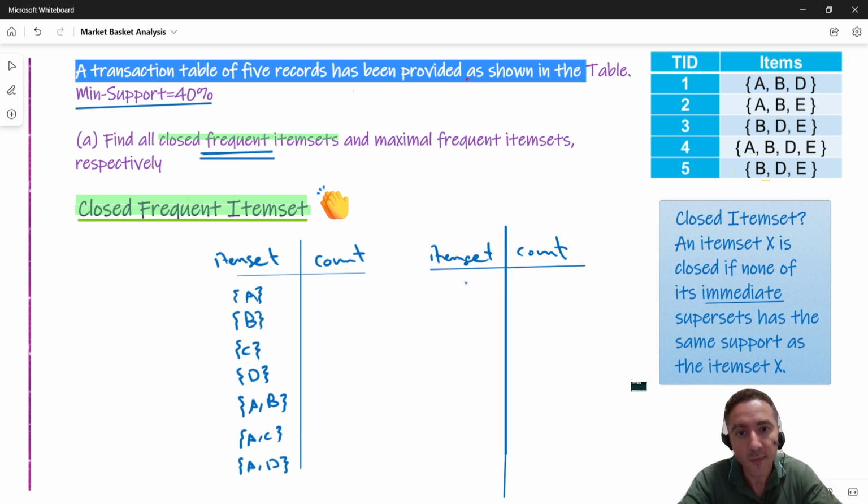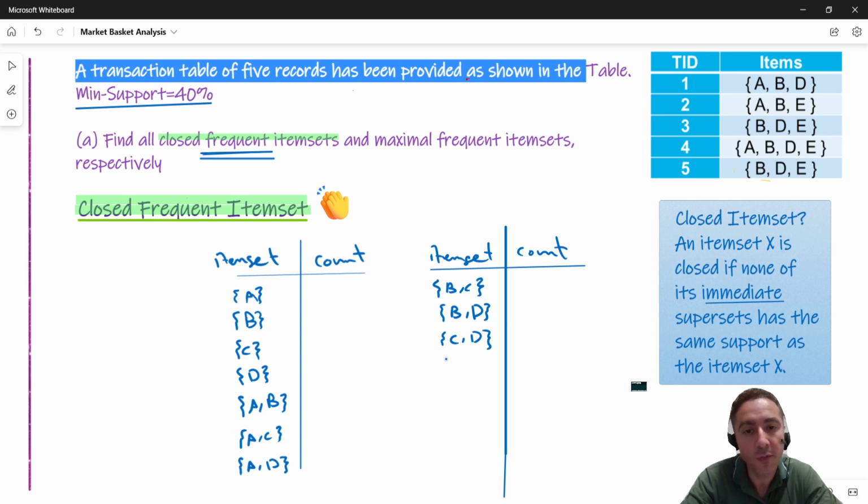Okay, so we keep going. Now we look into BC, then BD. Of course, we're not over yet. Then finally we have C. Now these are the two item set.